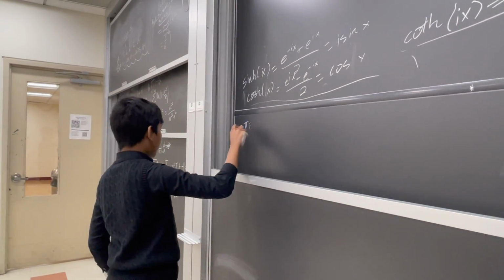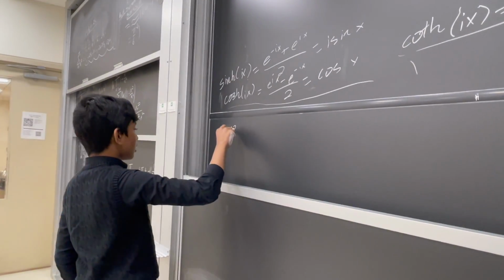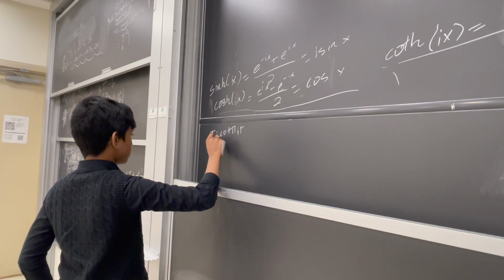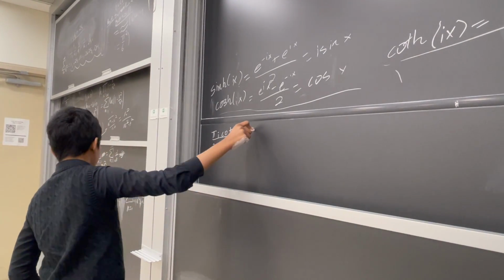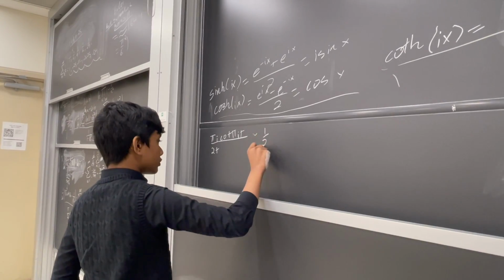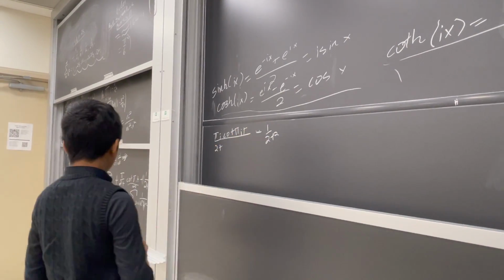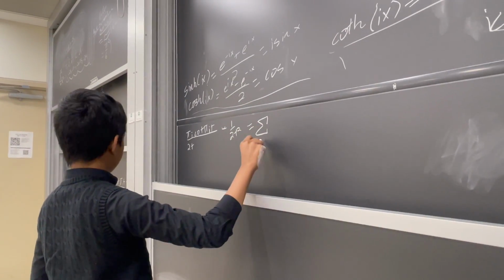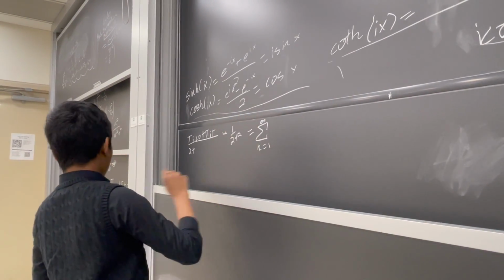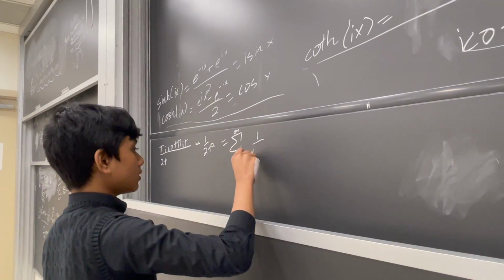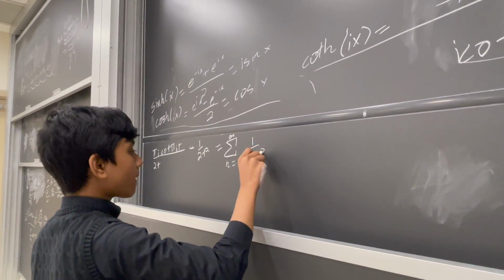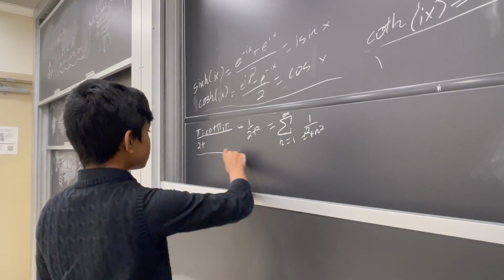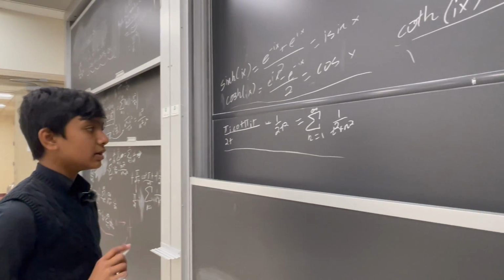So we get pi i over 2t cot pi i t minus 1 over 2t squared is equal to that infinite sum of 1 over t squared plus n squared. All right, that's good. So this is what we have so far.